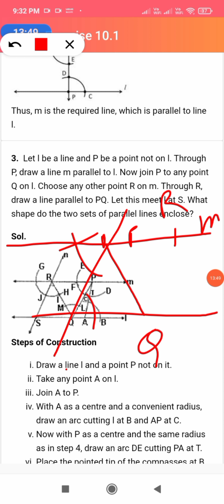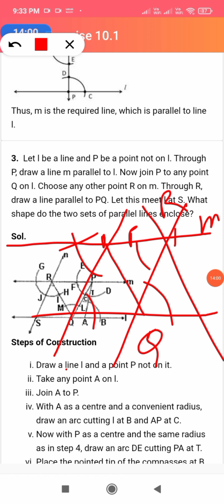So again I will be drawing a line parallel to PQ. So here this will act as a transversal. So I will cross the same measure, and I will draw a line parallel to PQ. And then after that, what shape do we get?